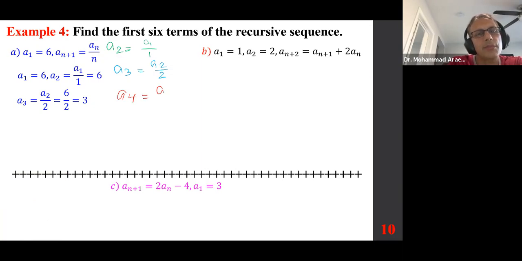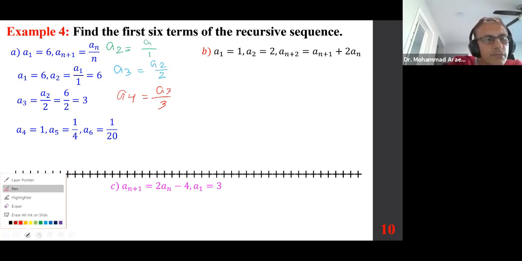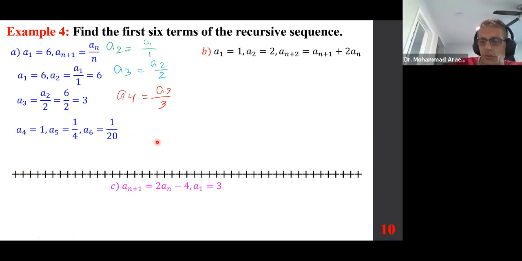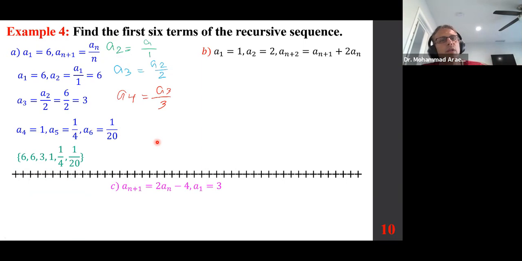It is a sub 3 divided by 3. So 3 divided by 3, which is 1. And again, I highly recommend you try this on your own. Make sure you can come up with those. So here's the list. We wanted how many? The first 6. The first one was given. We added 5 more.